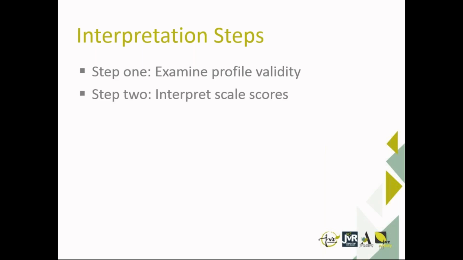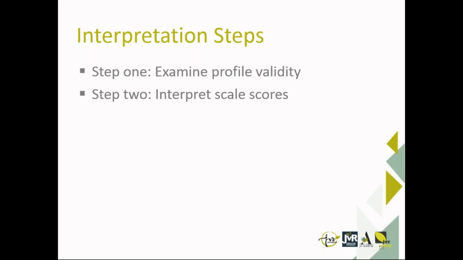Once you've done this, you're then going to move on to interpreting the primary scales. Now, the WPI has 21 primary scales that you will have a look at. You're going to identify specific strengths, challenges, preferences, and tendencies for the respondent when you have a look at these scale scores.